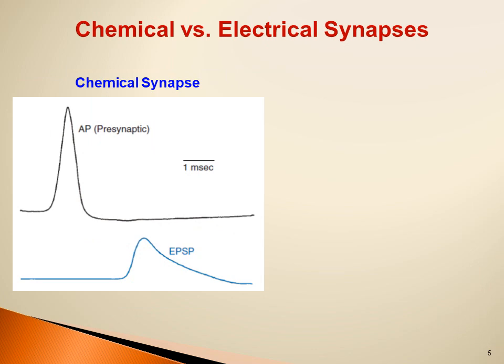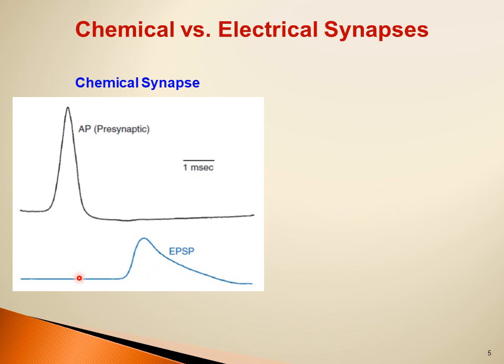So the difference here between chemical synapses and electrical synapses is that in chemical synapses we have a delay. If we measure the membrane potential in the presynaptic neuron here, the black line, we can see that the action potential arriving to the presynaptic neuron will lead to an excitatory postsynaptic potential in the postsynaptic neuron after a period of delay.